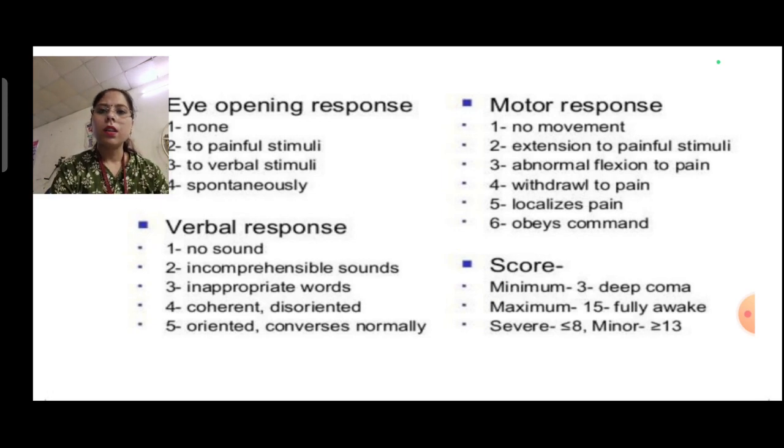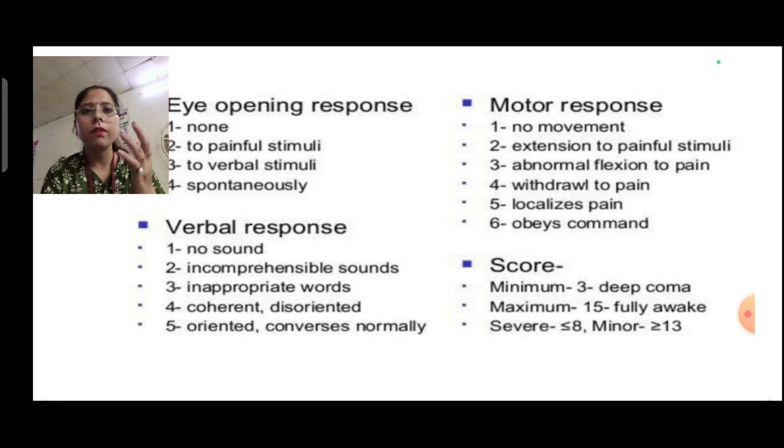If the patient responds very well, he is very well oriented and converses normally, we grade him as 5. Oriented means the patient is able to tell the person, place or time: where he is, who is the person standing next to him, what is the time, which is the place he or she is at. So we say if he is oriented or disoriented.